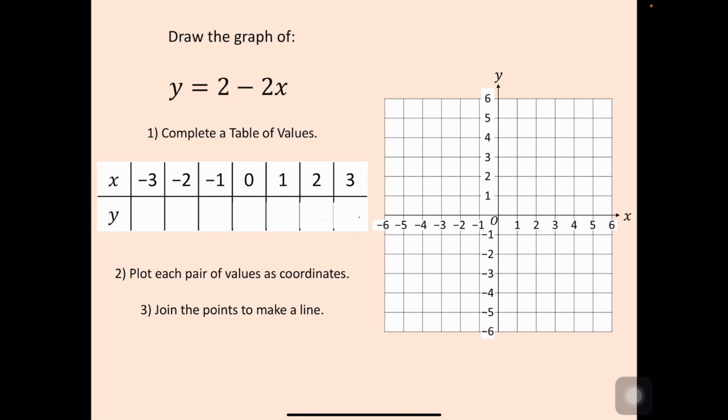Here we have a negative value in front of the x. And again, we're going to use the same method. Substitution. 2 take away 2 multiplied by negative 3. So be careful here.